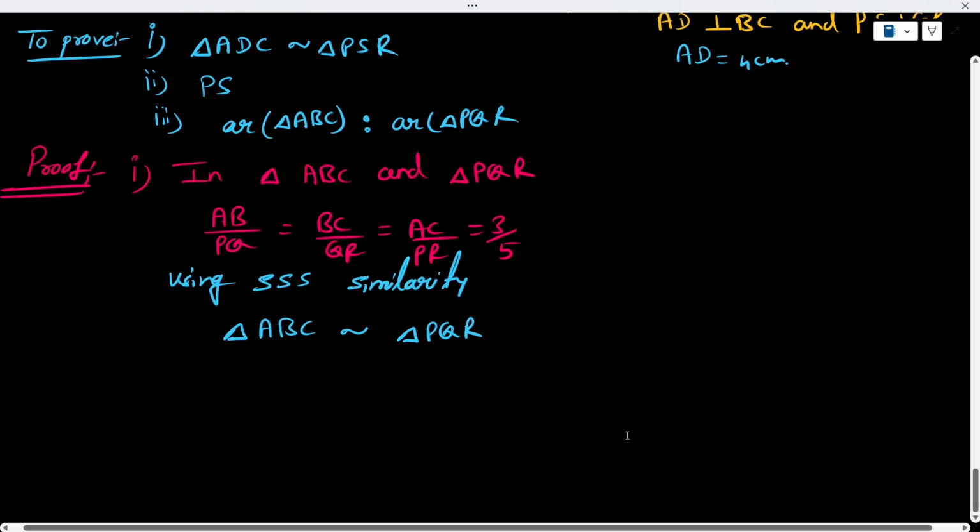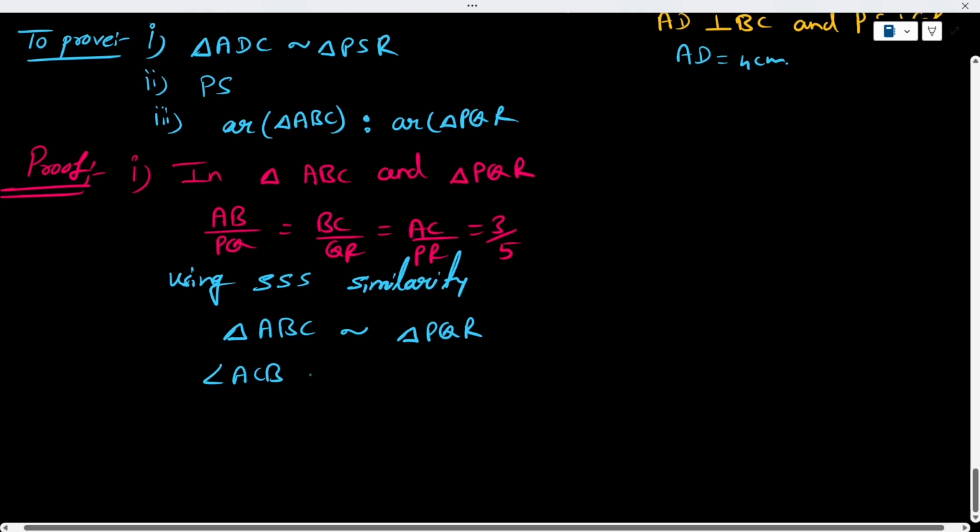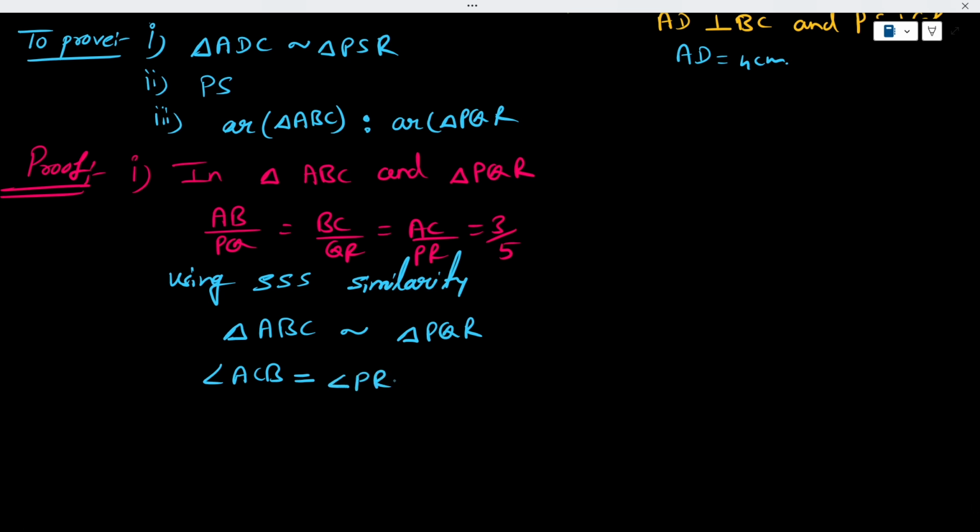Let us see here. So can you please write down here angle ACB is equal to angle PRQ, right? ACB will be equal to PRQ because corresponding, this is your equation 1 we are going to use here, right?